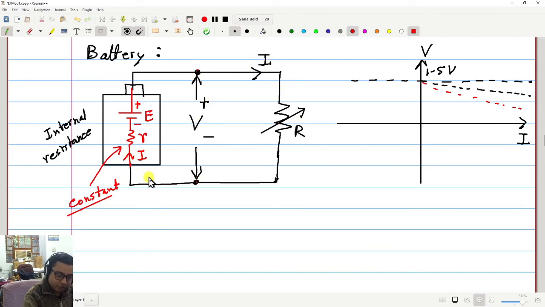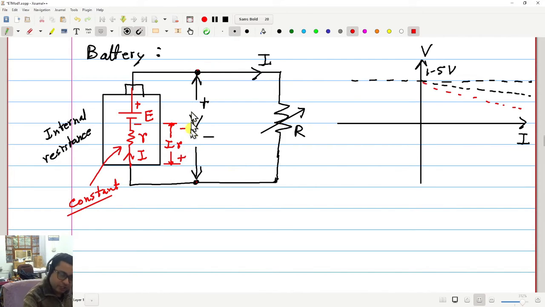So we will have a voltage drop from here to here, which is given by I multiplied by R. Lower side positive, upper side negative. Let me write it clearly: I times R, this side minus, this side plus, because current is flowing from bottom to top.